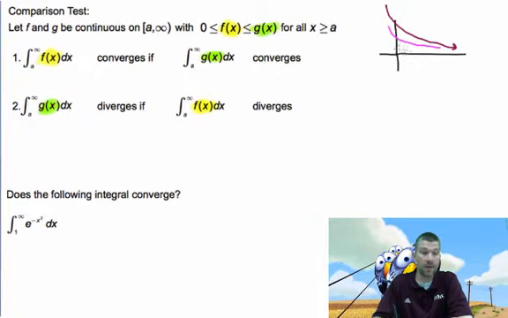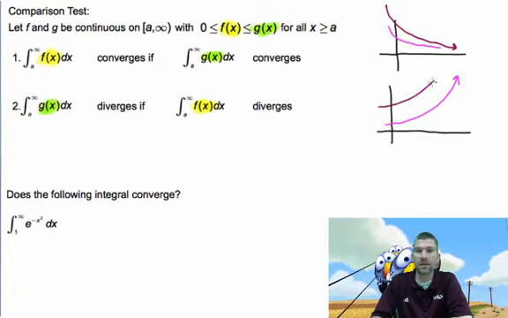They converge. On the flip side of that, if I take my f of x line, and I say that it's less than g of x now, and it does something like this where it approaches infinity. Well, remember, it's less than g of x. So g of x would also then approach infinity. And so that's kind of how this is working.